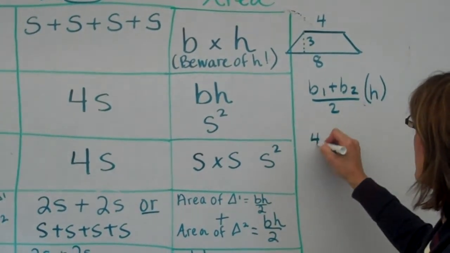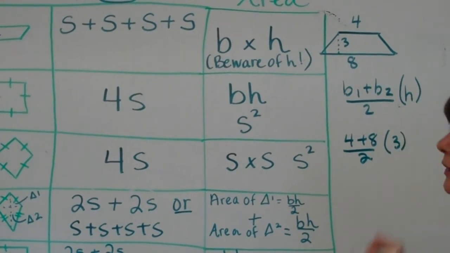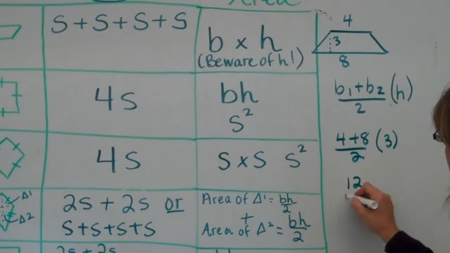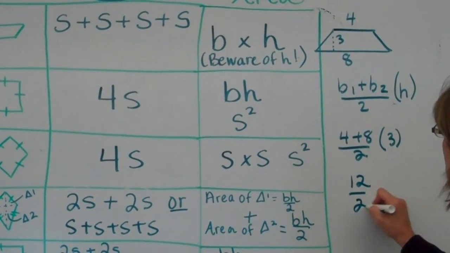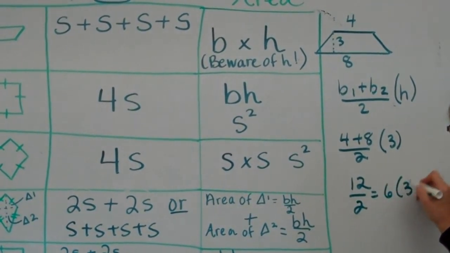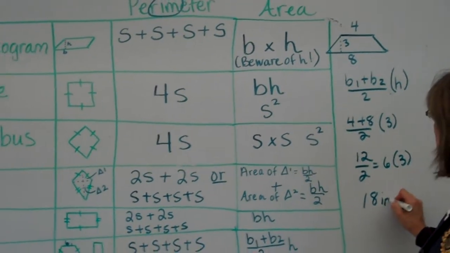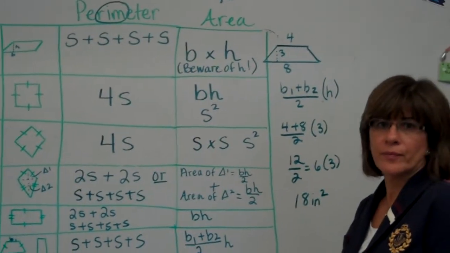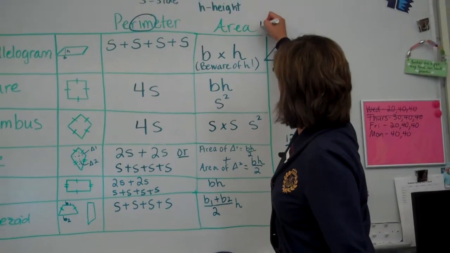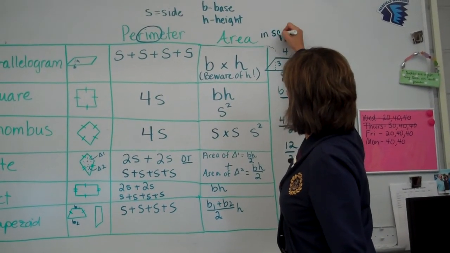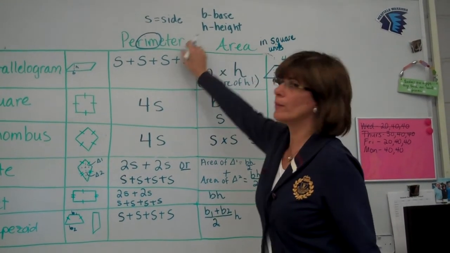Okay, so I do 4 plus 8 divided by 2 times 3. 4 plus 8 is 12, divided by 2 equals 6, and 6 times 3 is 18. If it's inches, it's 18 inches squared. Remember that for area, all of these areas are in square units. And the perimeter is not.